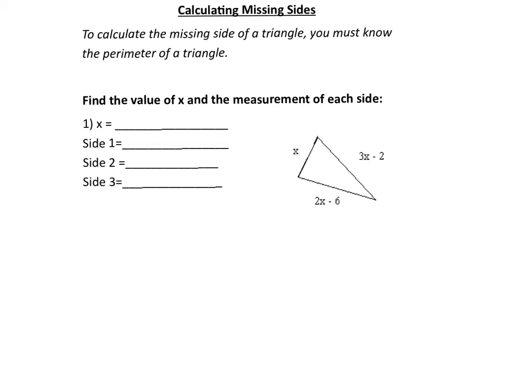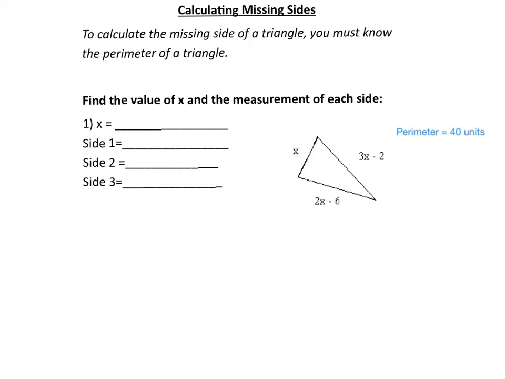Now, there was some important information left off of your page, and that is the fact that the perimeter is 40 units. We know that it's 40 units because I'm just going to tell you that.